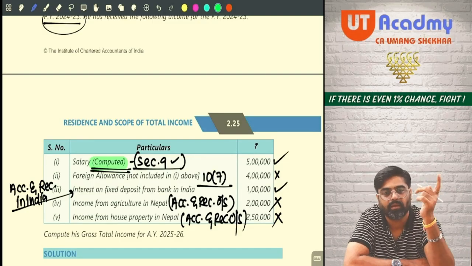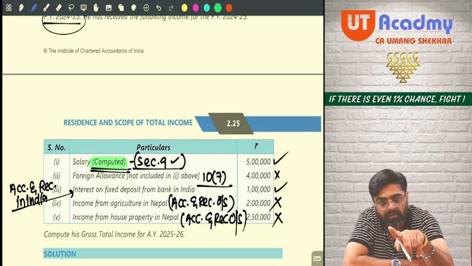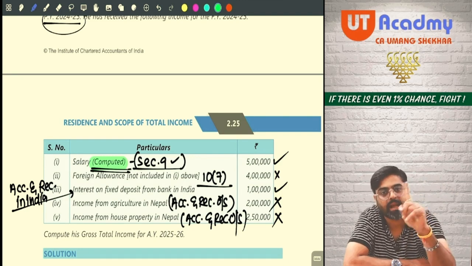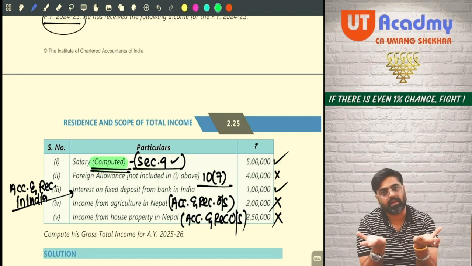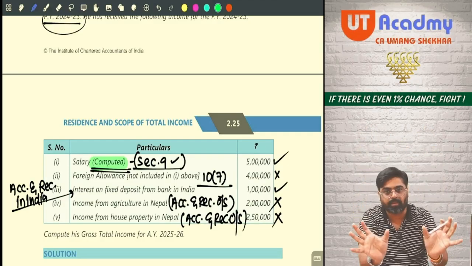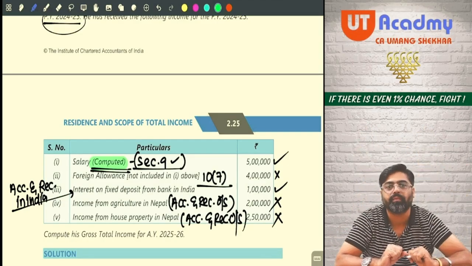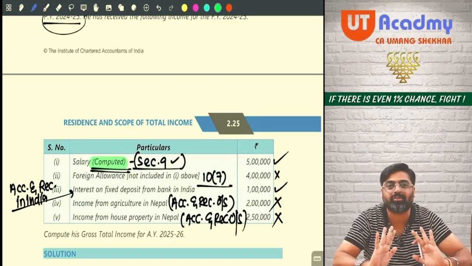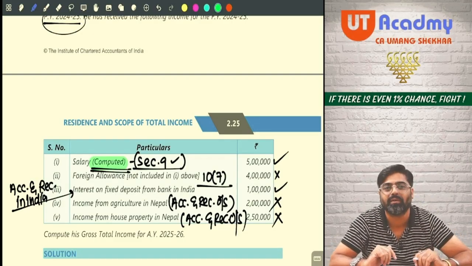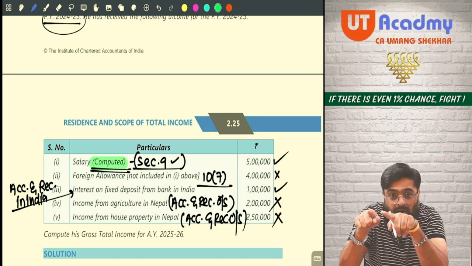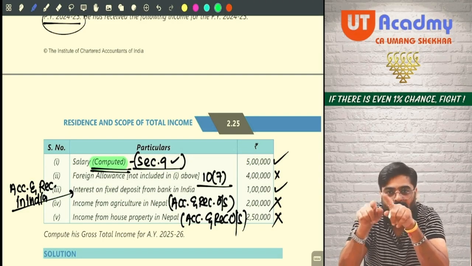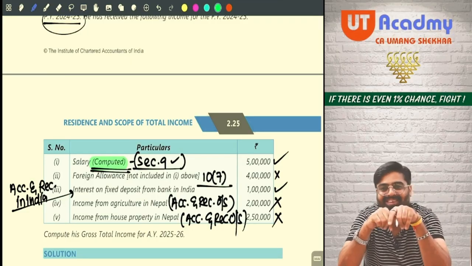See, after taking standard deduction, whatever salary remains, that is the salary head computed income, that will be considered to calculate your total income. Only the computed salary income, yes or no? So if they would not have mentioned computed here, what I would have done is separately taken standard deduction.